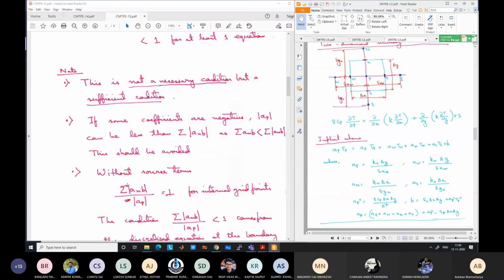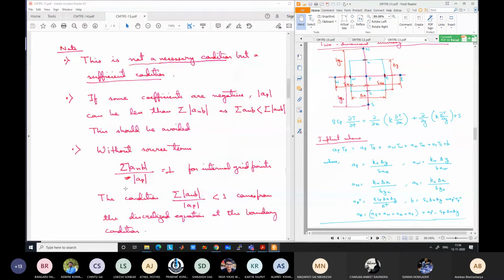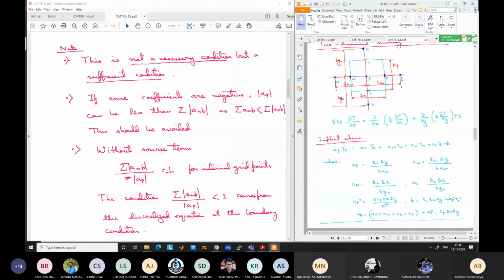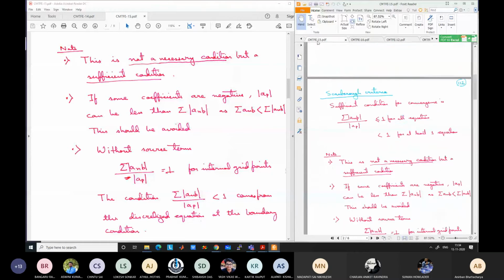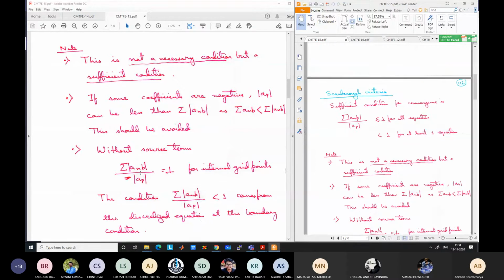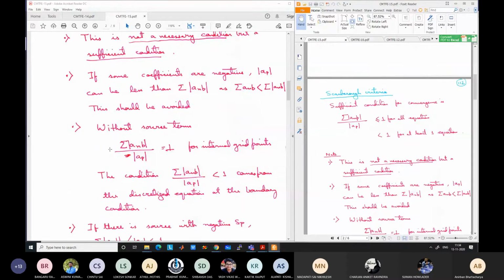Then, without a source term, let us go back to where our equation 14 is, which we have already closed. Summation of A and B by AP is equal to 1 for internal grid points.